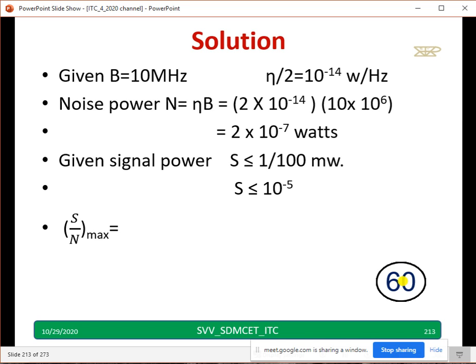Adnya, okay, somebody has typed some answer, 20 milliwatt. Simran, Maitri, okay. S by N, you can find out: 10 raised to minus 5 divided by N, which is 2 into 10 raised to minus 7 watt. So S by N, you will get 50.